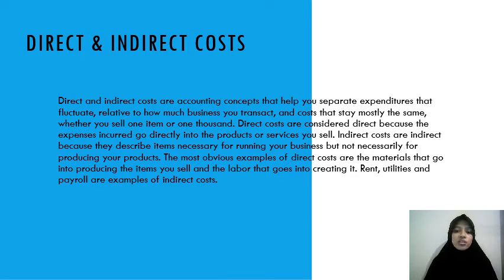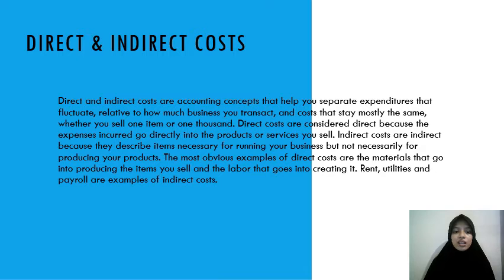Direct costs are considered direct because the expense incurred go directly into the products or service you sell. Indirect costs are indirect because they are discrete items necessary for running your business but not necessary for producing your product. The most obvious example of direct costs are the materials that go into production, the items you sell, and the labor that goes into creating it.